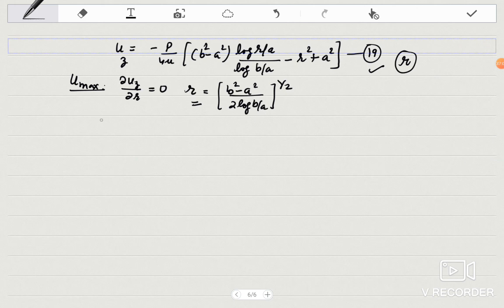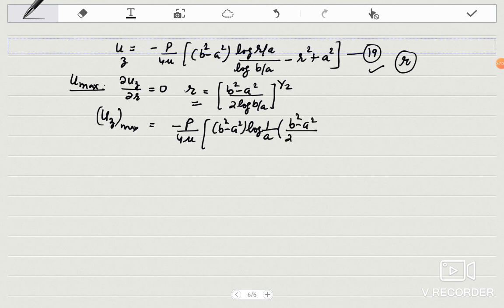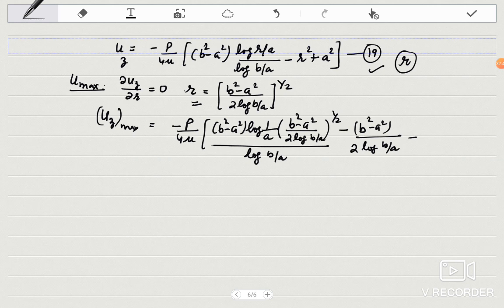So at this point, you may find Uz, and Uz maximum will be minus P upon 4 mu, b square minus a square log of that r upon a, upon log b upon a, minus that r square plus a square.